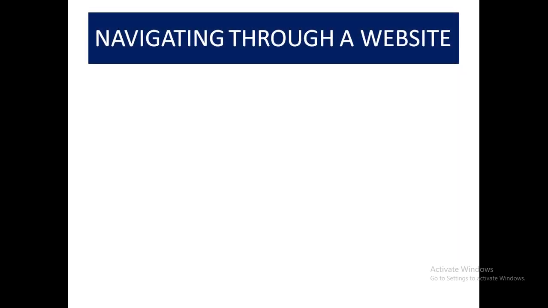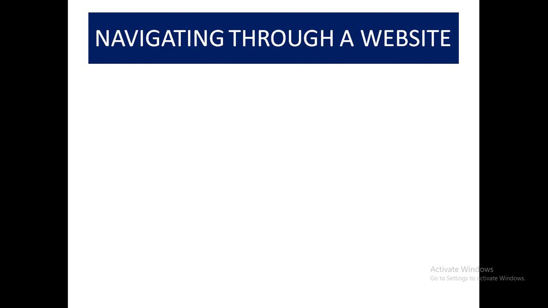We are now looking at navigating through a website. When you get to a website, how do you get access to your information? We have actually vividly explained the difference between a website and a web page. So now a website contains pages. And that's what we call web pages. So how do you flip through the pages of the book that you have in your computer or in your phone?